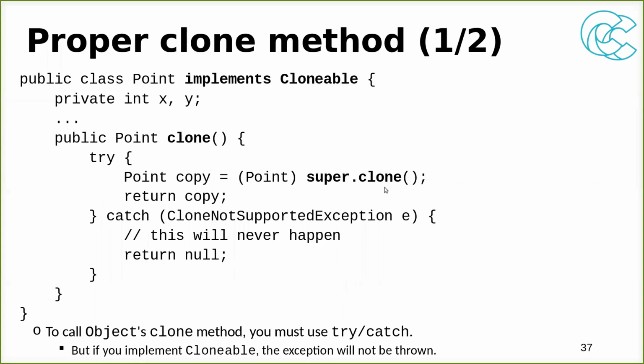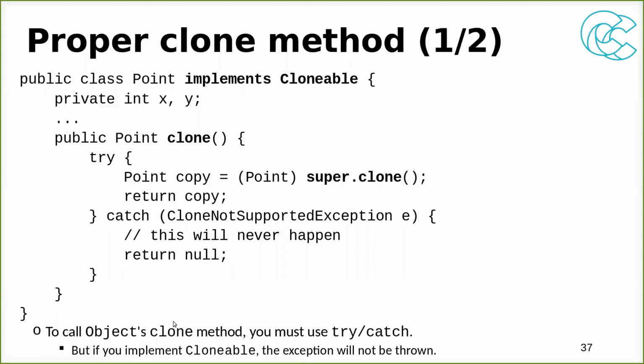Because super dot clone requires that it may throw an exception. So that's why it is required that you try to handle it. Even though you have implemented Cloneable, it's still required that you put this inside the try and catch block. But this will never happen if you implement the interface.